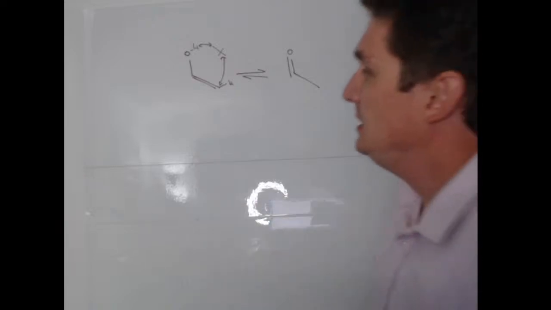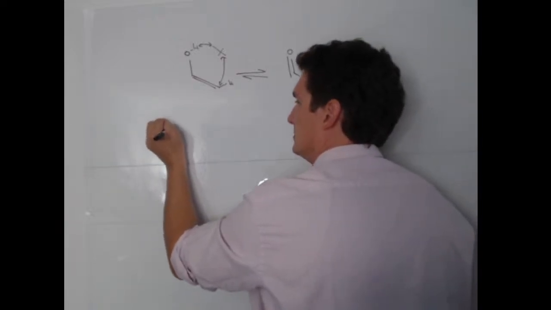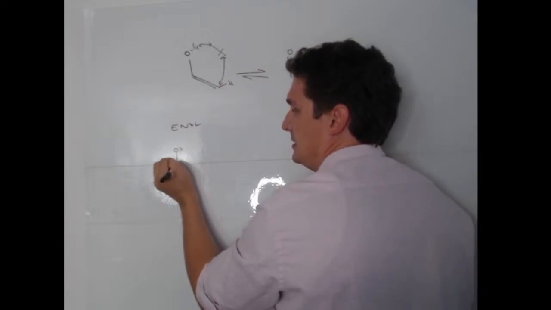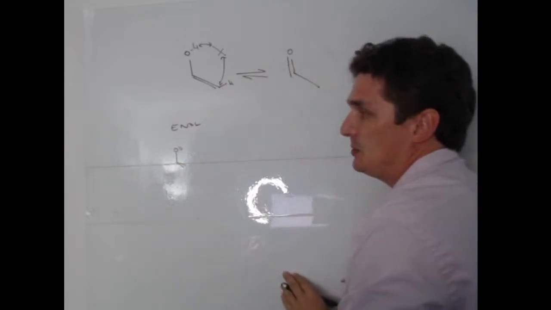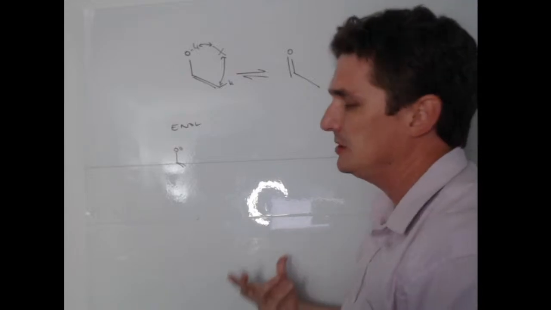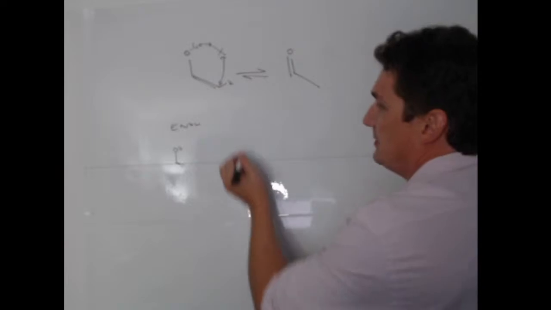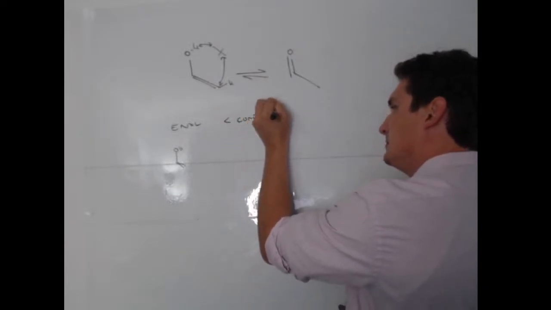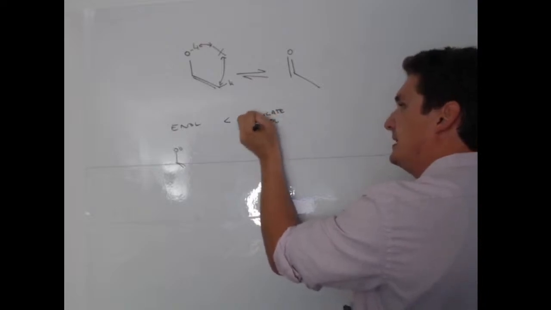So by itself, enols are not stable. If we just have a straight enol, these are not going to be very stable because you have to work out the molecular orbital theory, but generally speaking, they're just not more stable. If we have a conjugated enol, that's a different story.